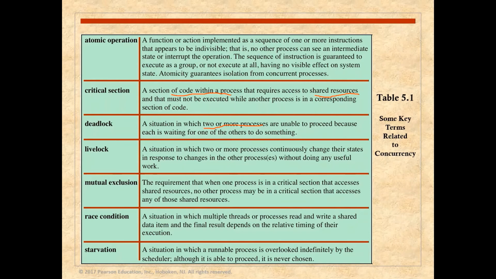Next is livelock. Livelock is where the processes are able to change their state, but they are not doing any useful work. For example, I relate to the toilet again.